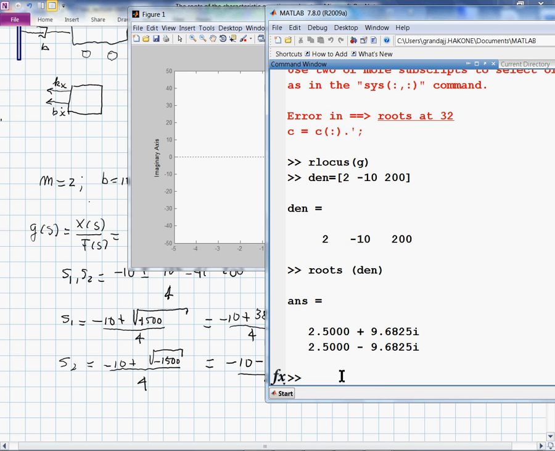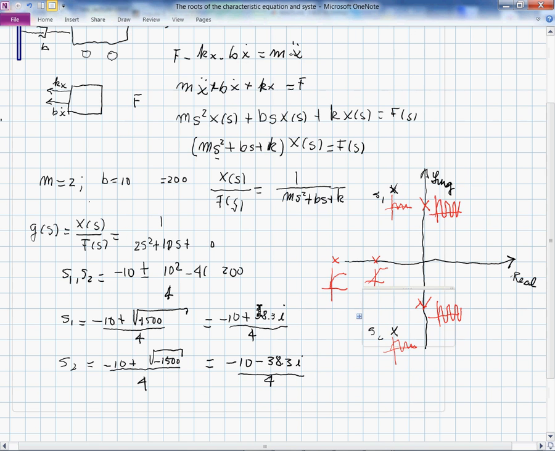The roots are on the right hand side of the plane because it's 2 plus 9 and 2 minus 9. So those roots are going to be on this side, someplace in here and the other one over here. Now what's going to happen with the response if the roots go to the right hand side? That is the question right now.